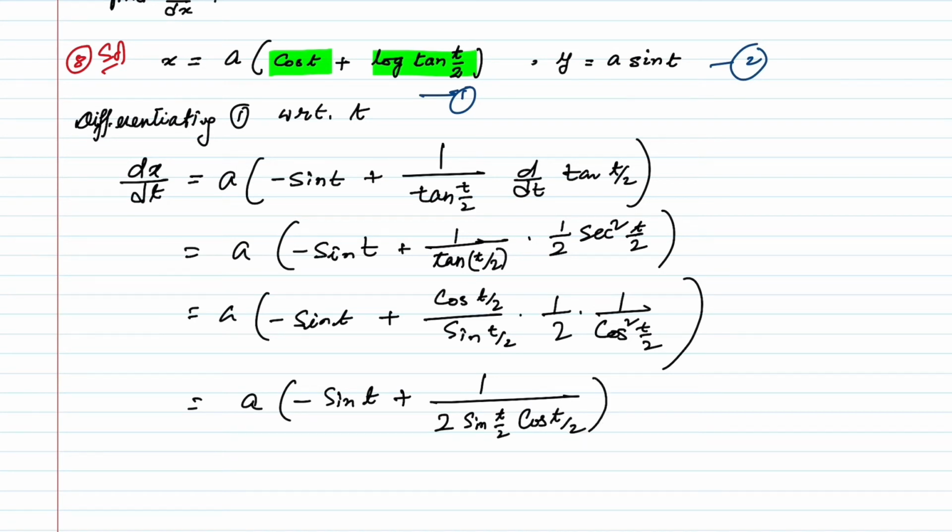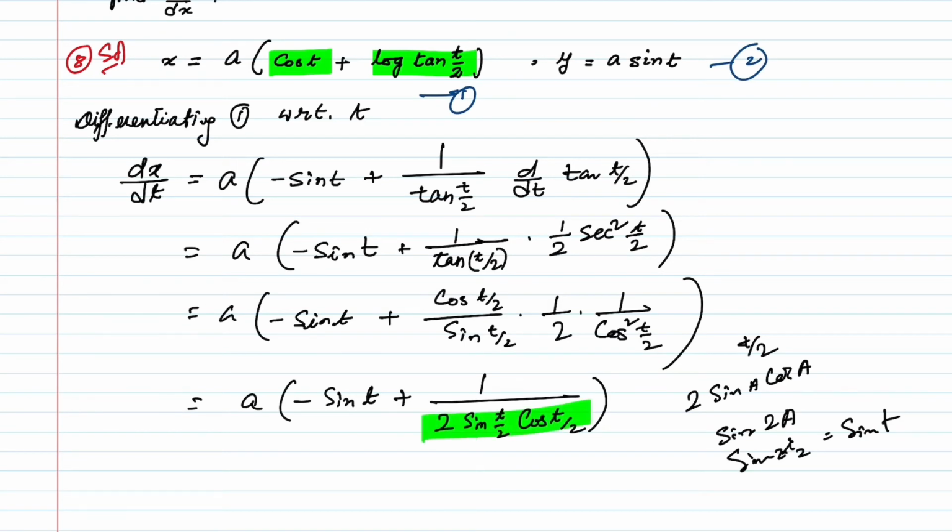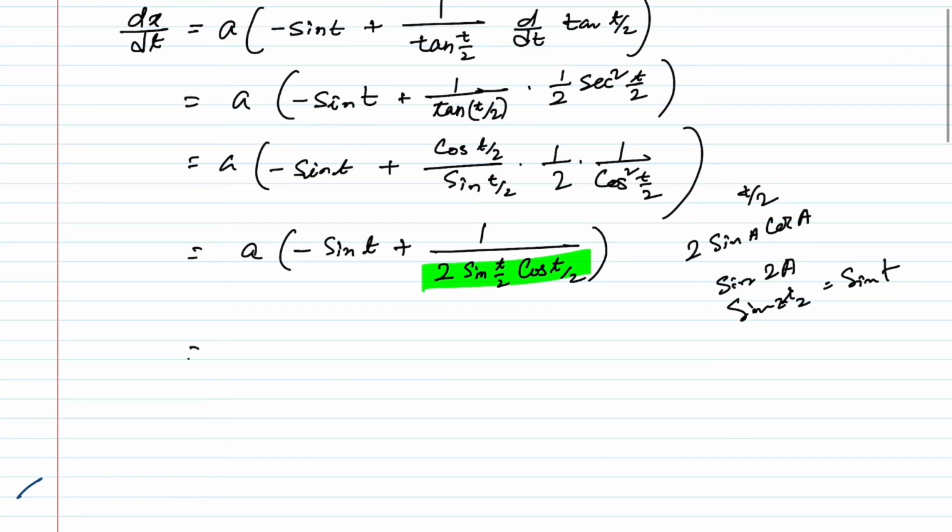Okay, and we know this identity, 2 sin a cos a is sin twice a. Now instead of a there is t by 2, so sin 2 into t by 2 gives sin t, isn't it? So this denominator will be equal to sin t. So now let me scroll down. A minus sin t plus 1 by sin t.